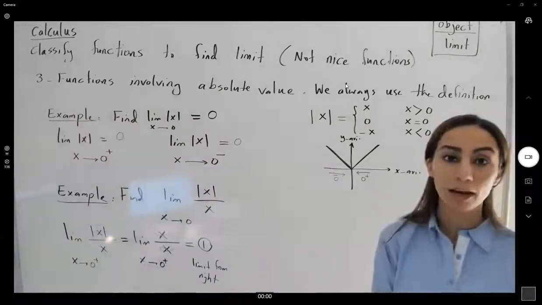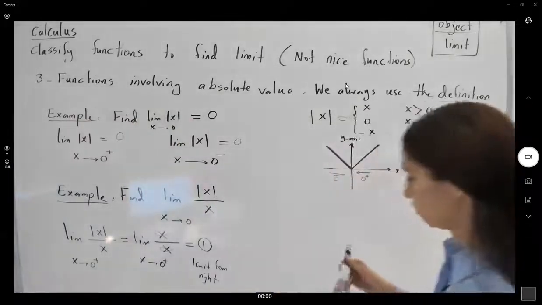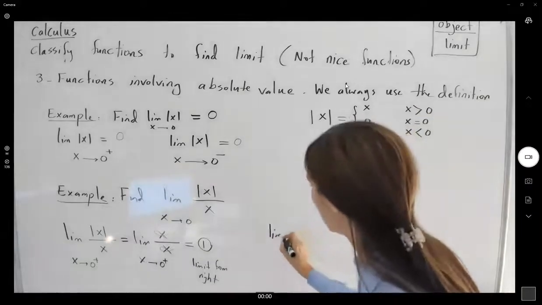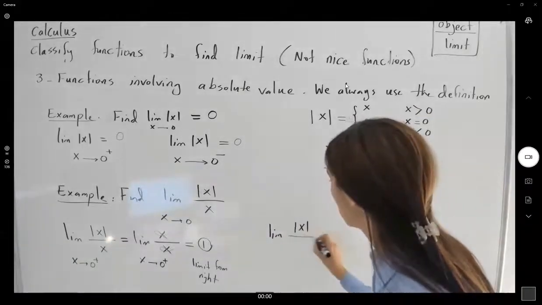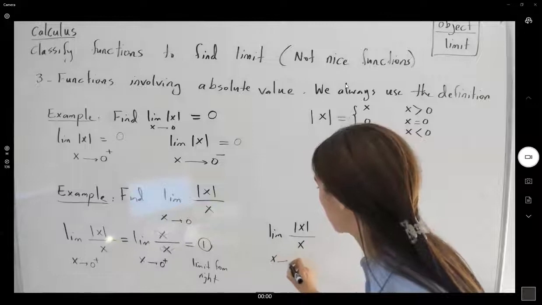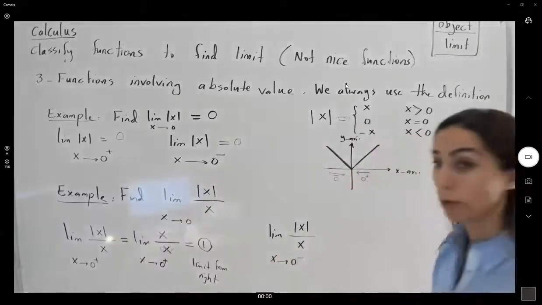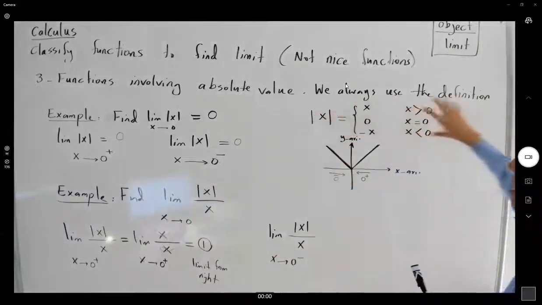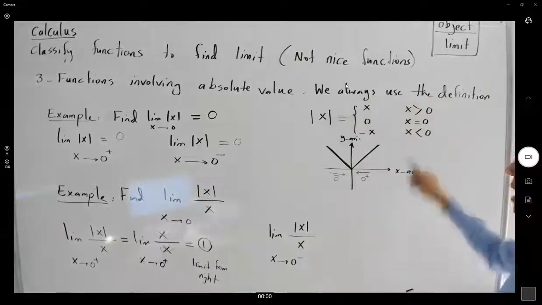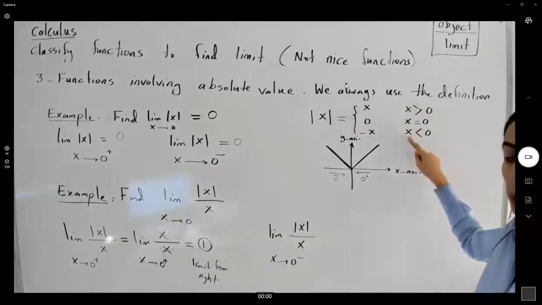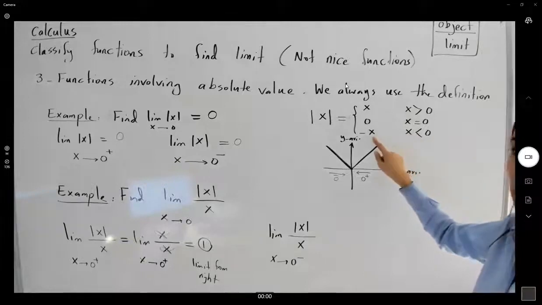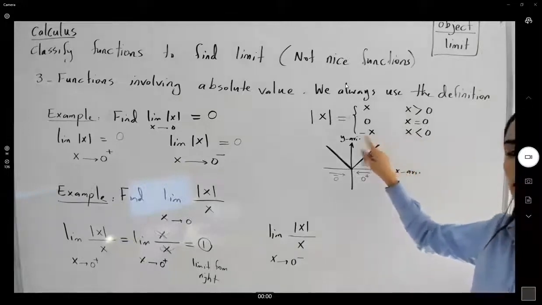What is limit from left? So, limit of absolute value of x divided by x as x approaches to zero from left. We're using the definition of absolute value. As we are going to zero from the left, you write down the number with a negative sign in front of it.